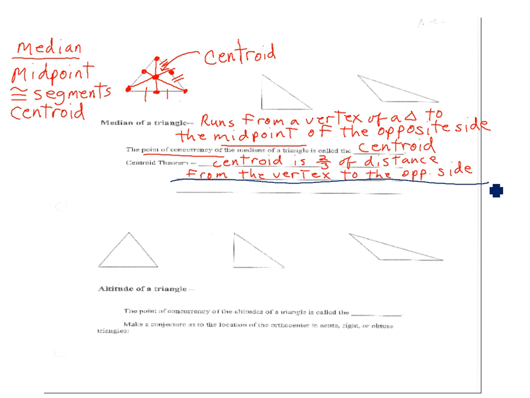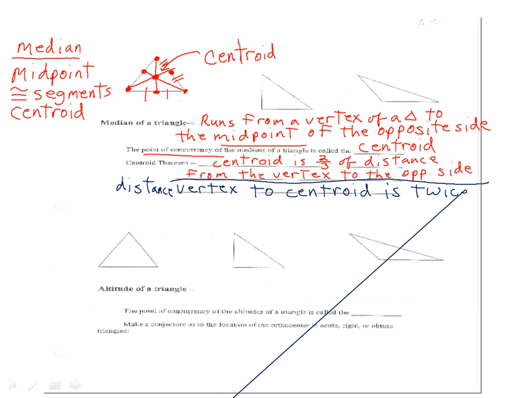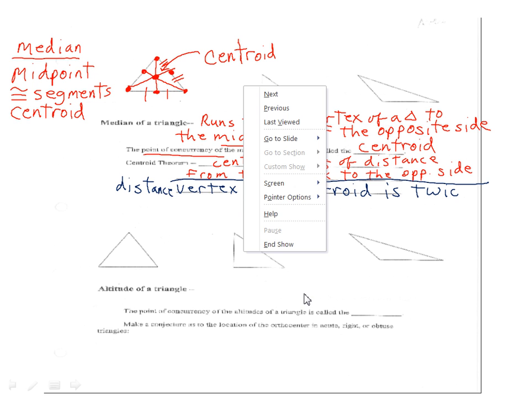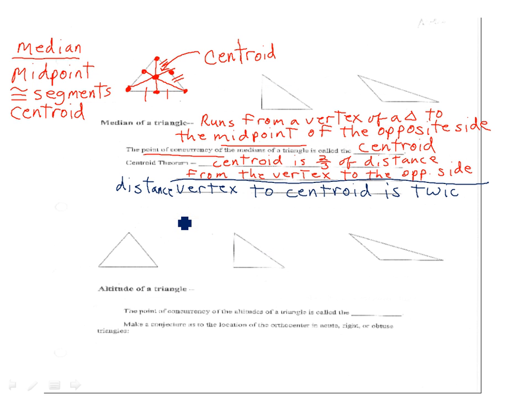Instead of writing it with the 2/3, we can write distance, vertex to centroid is twice, double, the distance, midpoint to centroid.